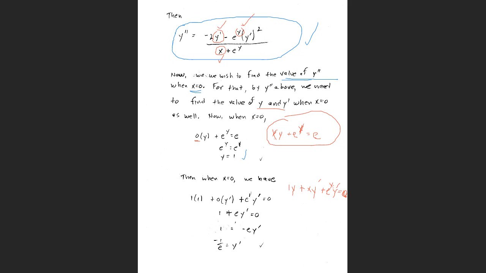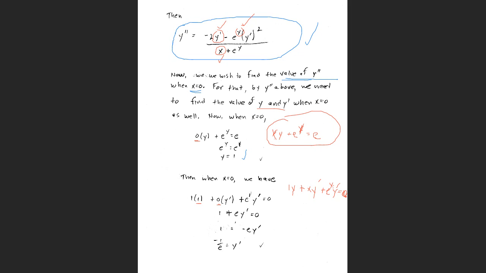We had that equation from the previous page: 1 times y plus x times y prime plus e to the y times y prime equals 0. Now when x equals 0, I'm going to fill in 0 wherever I see the x. But then the value for y when x equals 0 is 1, so wherever I see a y, I'll put a 1 in.